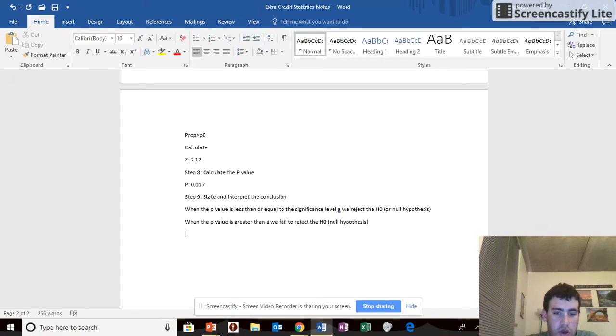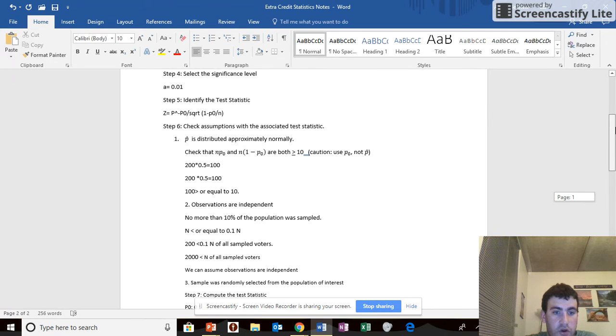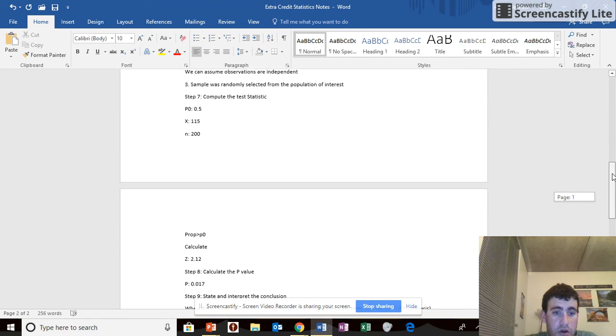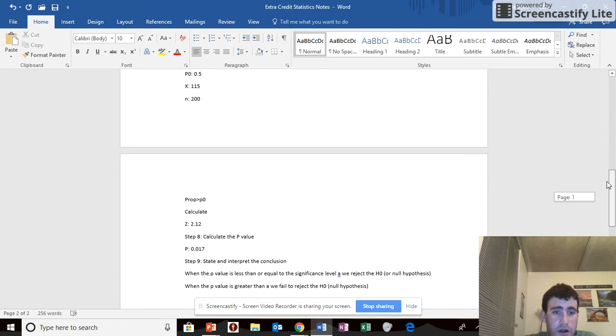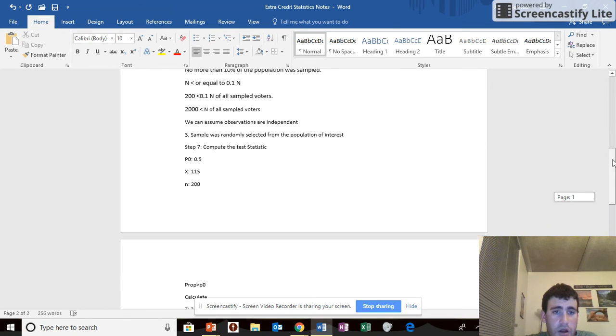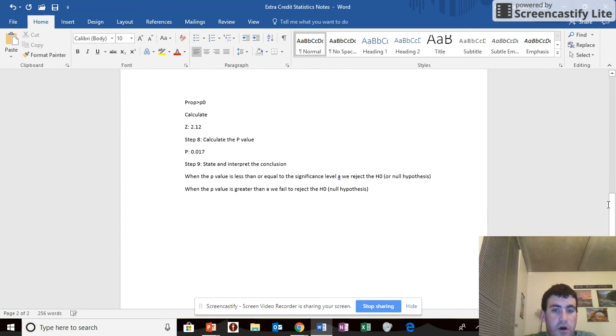So in this case, our significance level, if we go back to step 4, was 0.01. So in this problem, 0.017 is greater than 0.01.